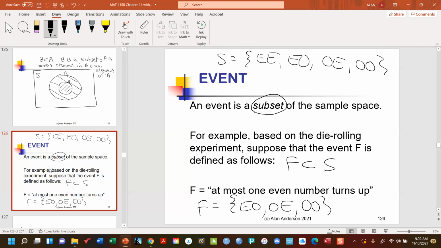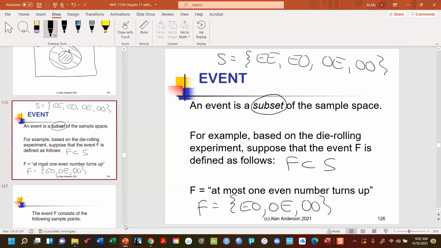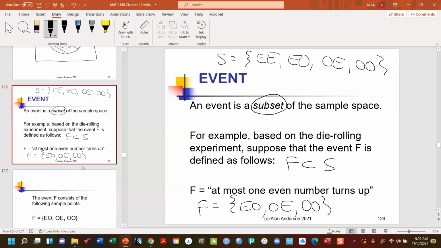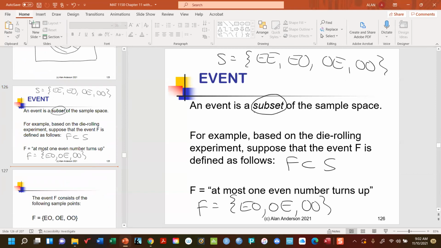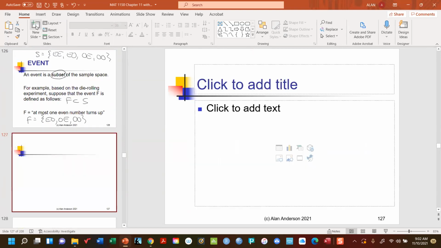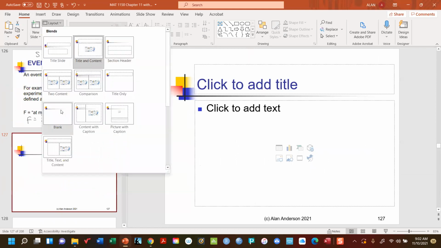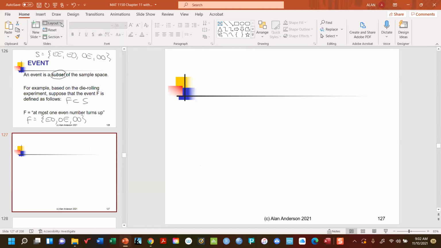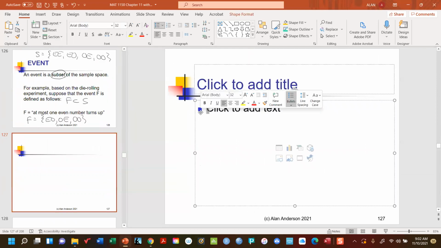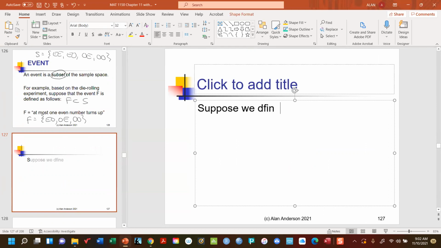All right. Now, let me just show you an example of something that would not be an event. Suppose I defined G: 3 evens turn up.